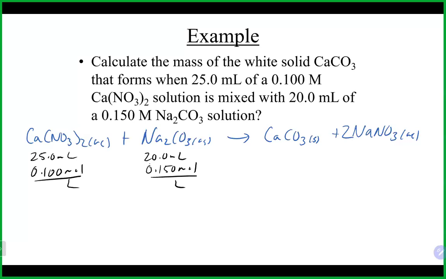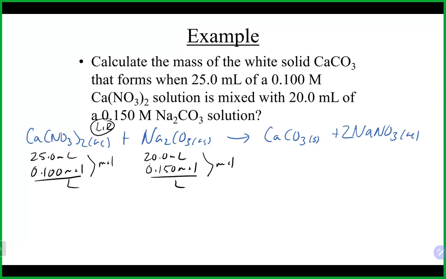So hopefully you can see from this that I can get moles from this one definitely, and I could get moles from this one as well. That tells me this is actually a limiting reagent type problem. So you do have to, in this particular case, do that limiting reagent calculation.